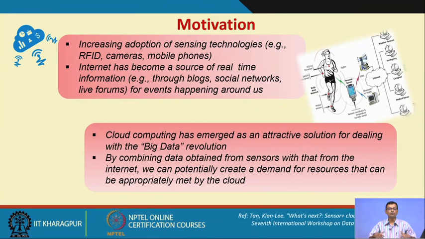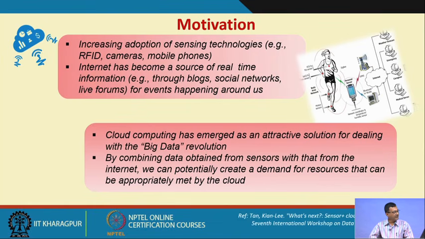So, these two technologies are extremely pervasive, and both of them have become a part of our day to day life, right. On the other hand, cloud computing has emerged as an attractive solution for dealing with the big data revolution, which can manage and take a call on this type of huge volume of data.